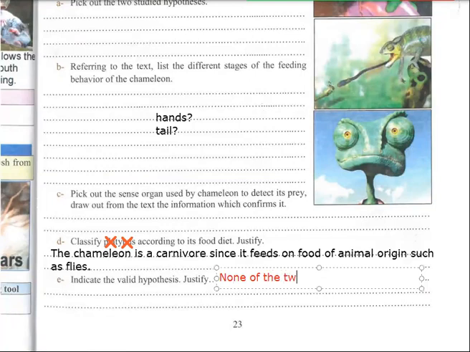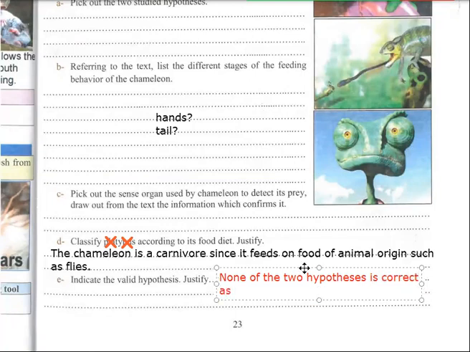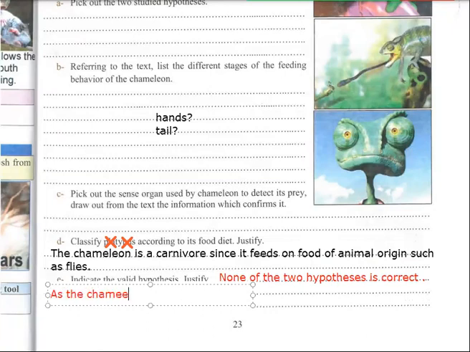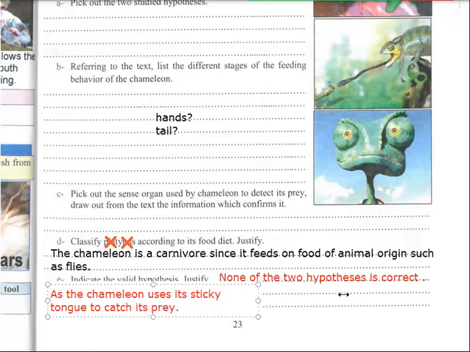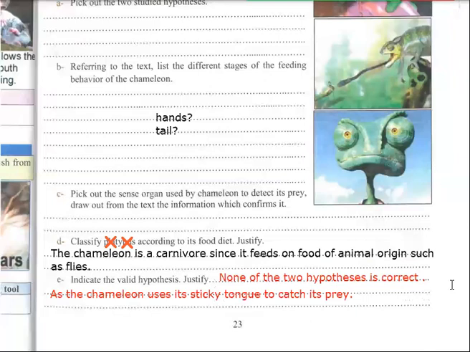So none of the two hypotheses is correct, as the chameleon uses its sticky tongue to catch its prey. So it's not the hands, not the tail, but the tongue.